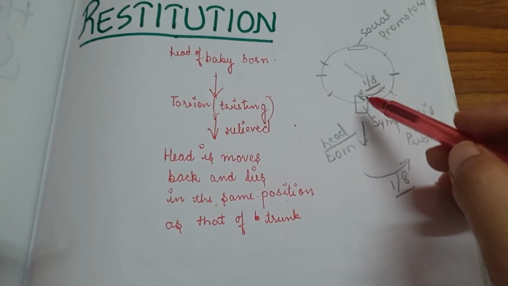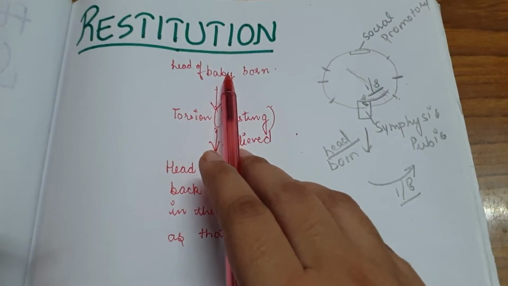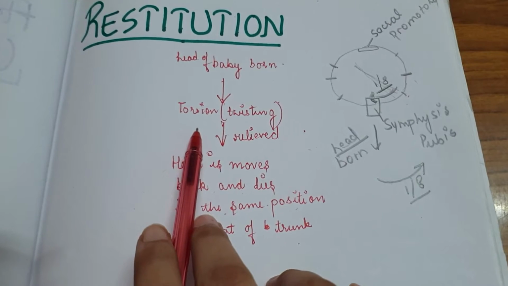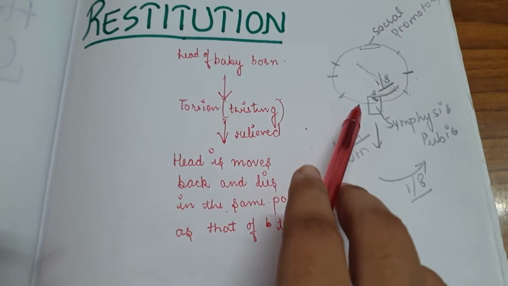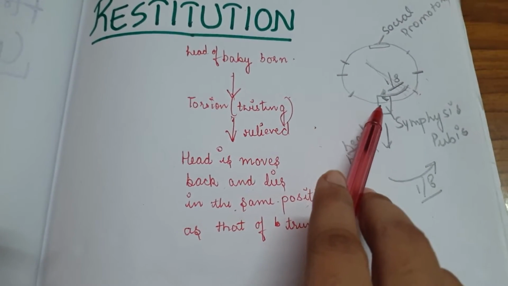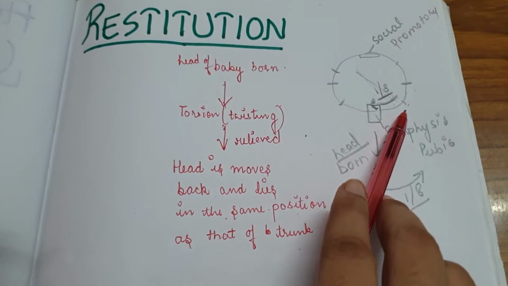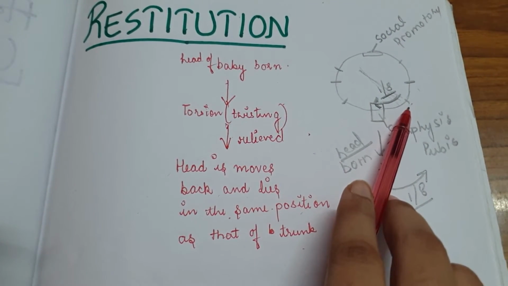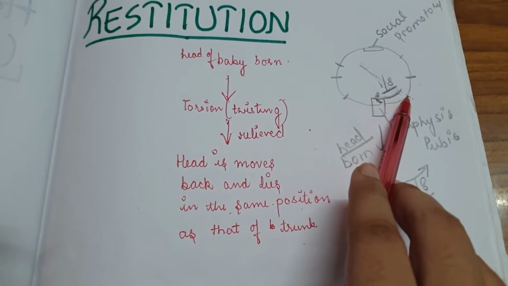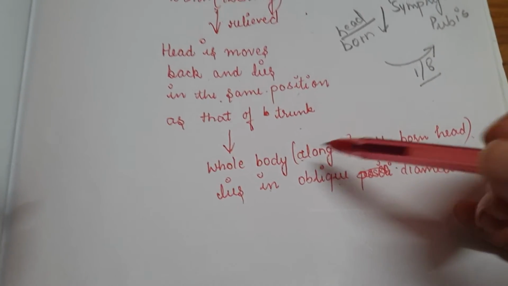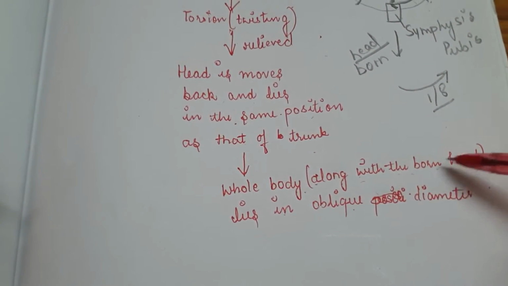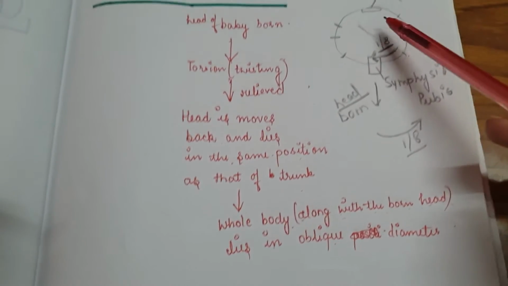So restitution means there is a relief of torsion in the neck, because the head moves opposite by 1/8 of the circle to lie in the same position as that of the trunk. So the whole body along with the born head lies in the oblique diameter.